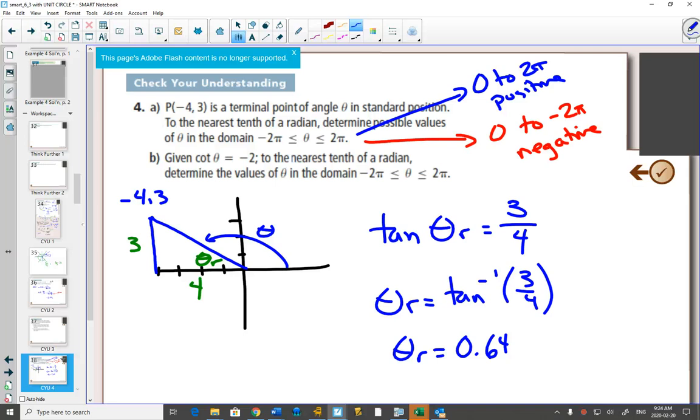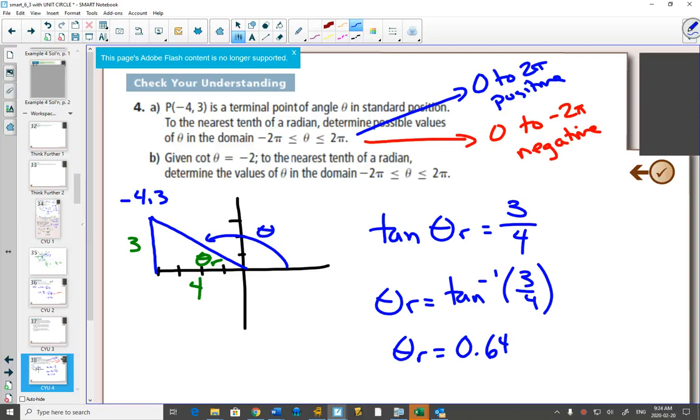How would you find your actual angle if you were dealing in degrees, if you knew this was 37 degrees? You do 180 minus 37, right? So if you know how to do it in degrees, you know how to do it in radians.